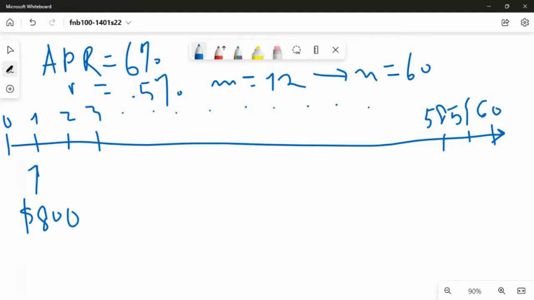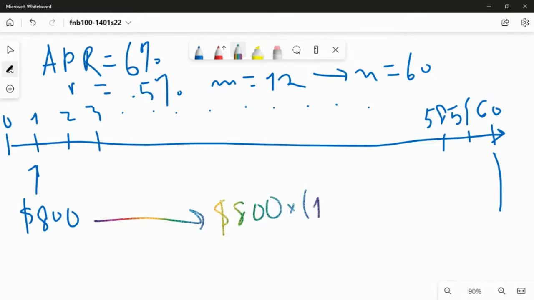Now think about it. This first $800 deposit, by the end of our timeline, what's it going to be? It's going to earn 0.5%, not 0.05, interest 59 times compounded. Isn't that right?